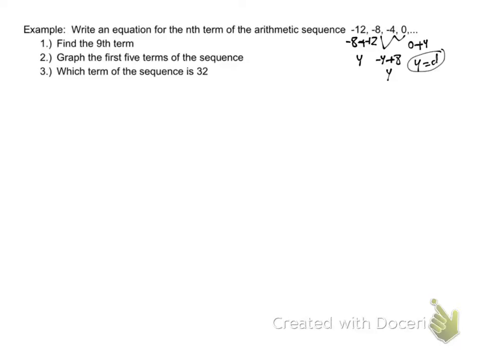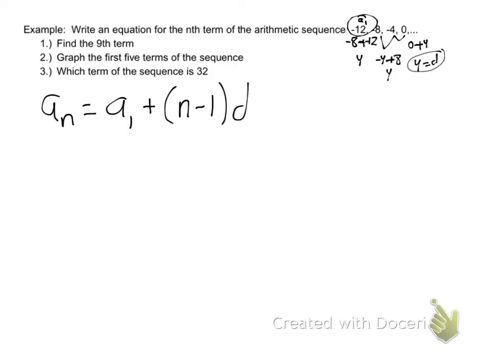What's the first term? That is a sub 1. So to write my equation, guys, I'm going to write the generic form down. A sub n equals a sub 1 plus n minus 1 times d.